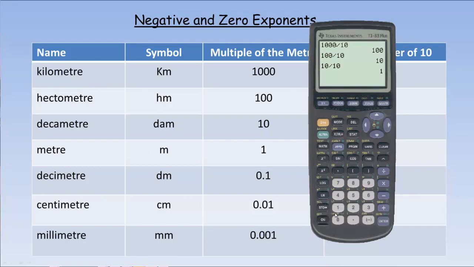And if I take this 1 and divide it by 10, I get the 0.1, and then 0.1 divided by 10, we may as well go all the way down the table, is the 0.01. And the millimeter, if I take the 0.01 divided by 10, I get 0.001, the millimeter one.